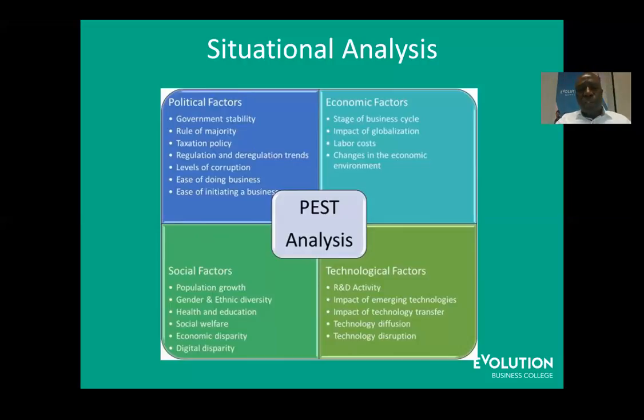And then you go to technological factors, which are obviously very easy to understand. You're looking at your research and development. You look at your emerging technologies, impact, technology transfer, diffusion, disruption. So for instance, if you wanted to bring in a particular model of car or a particular model of phone, the first thing you look at and say is, is that country technologically advanced enough that my equipment can actually operate in there?